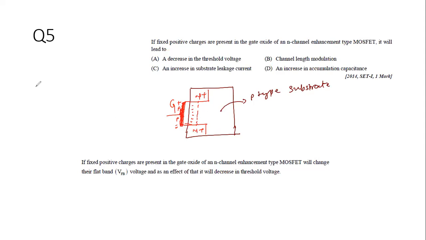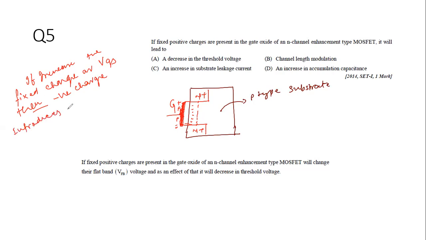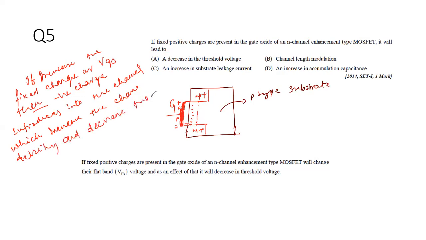And what will happen? It means that if you increase the fixed charge or VGS, then the negative charge introduced into the channel increases the channel density and decreases the threshold voltage.